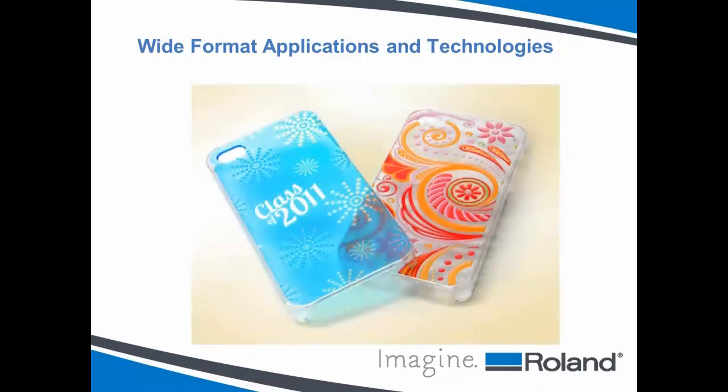A great example is cell phone cases. Okay, but also can print onto regular surfaces if you wanted to print onto golf balls, pens, all sorts of different smaller items, bottle caps. It works great. It prints directly onto the surface. So there's some of those specialty applications.